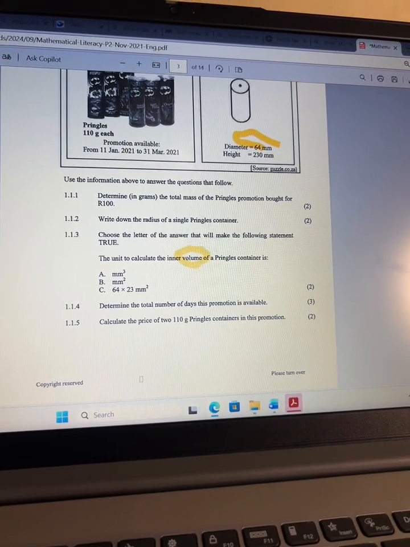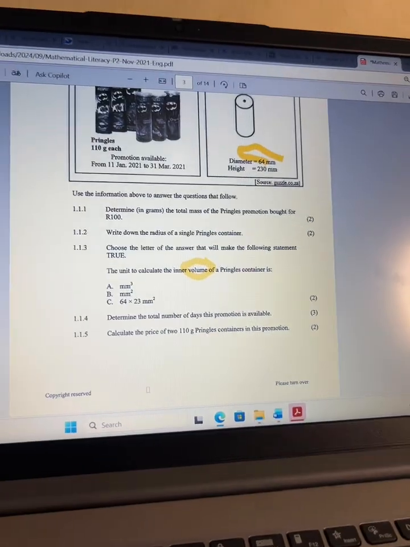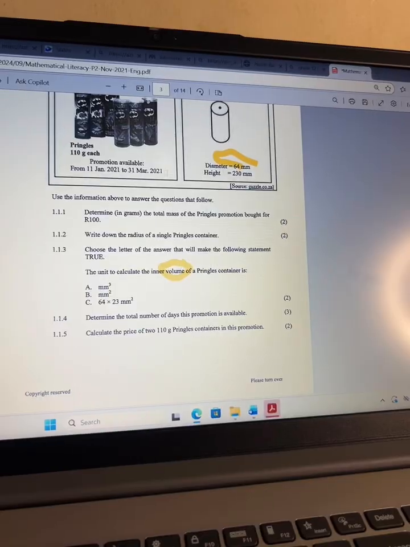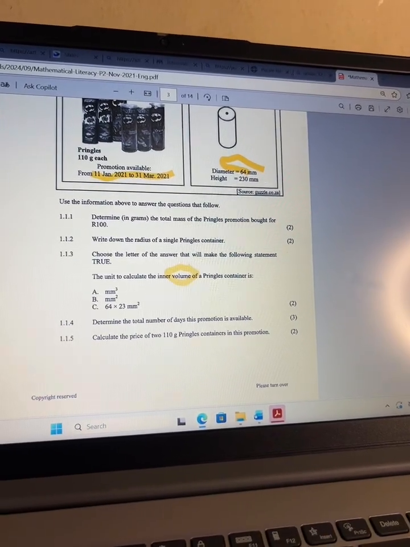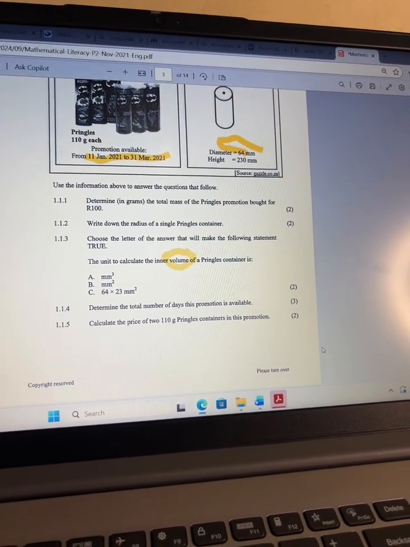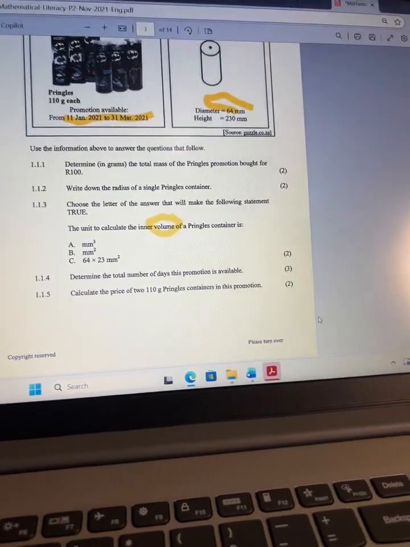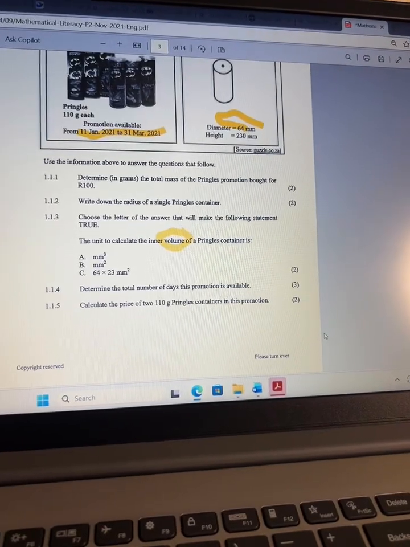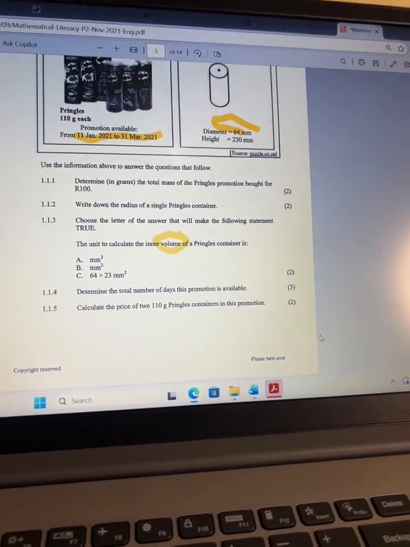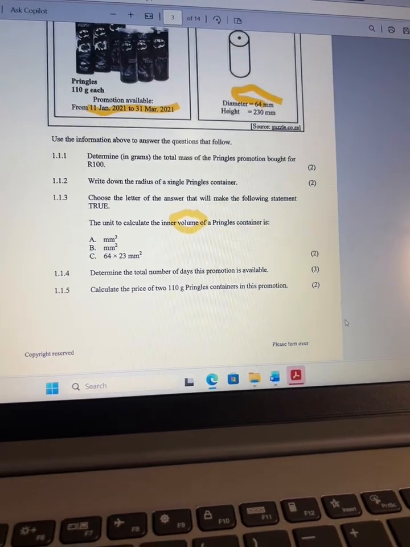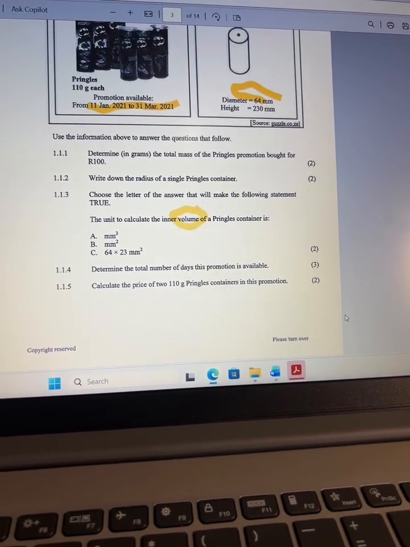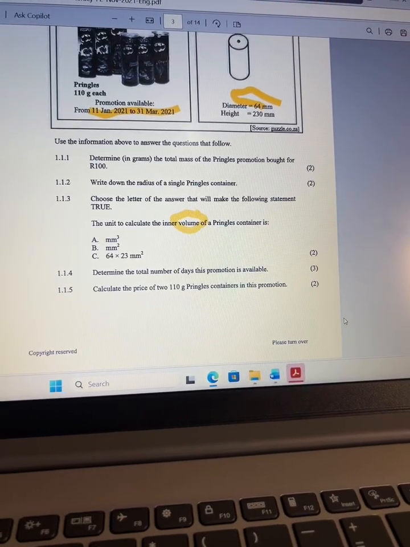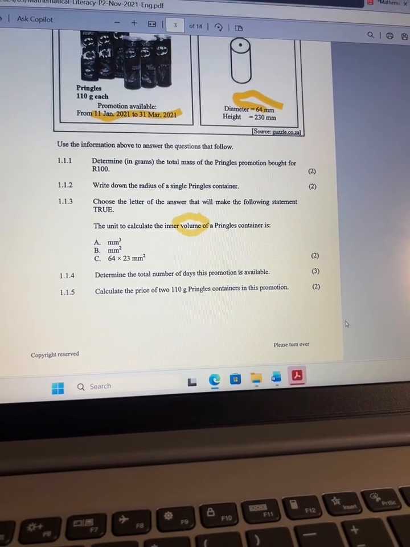This promotion starts on 11 January and runs up until 31 March 2021. So it's January, the full month of February, and the full month of March. With March we take 31 days, and February we take 28 days.